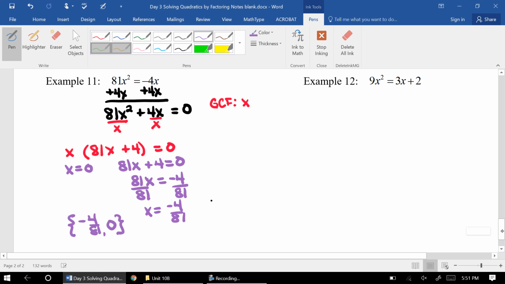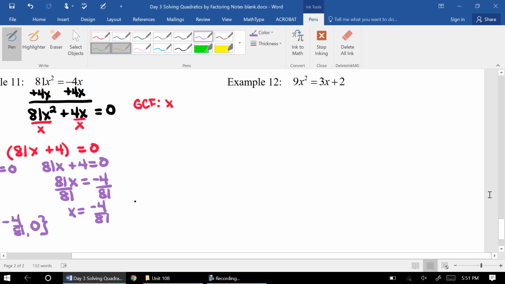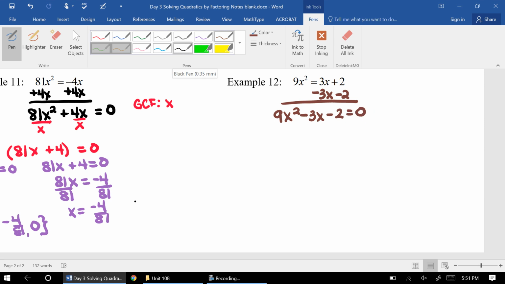And for our last question, again, I need to set it equal to 0, so I'm going to subtract the 3x and the 2 over to the other side. So I have 9x squared minus 3x minus 2 equals 0. And I'm looking for factors for this one.